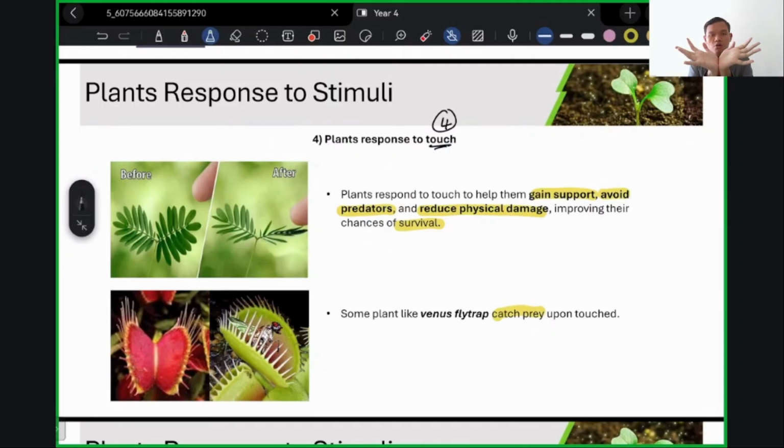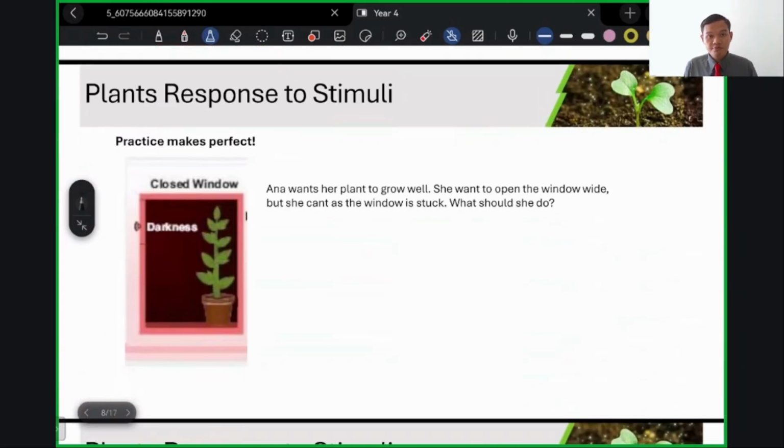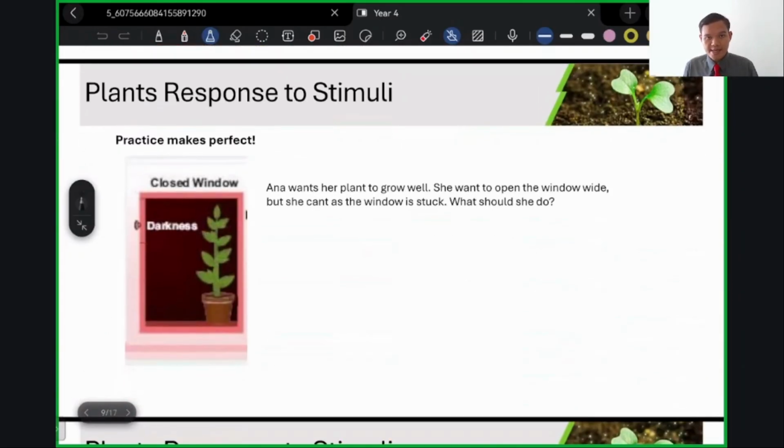So, for example, my hand is the Venus flytrap plant. When a house fly comes to the Venus flytrap and touches my palm here, the Venus flytrap will slowly close and trap the fly completely. Then the fly will be digested. That's how the Venus flytrap catches its prey and eats.